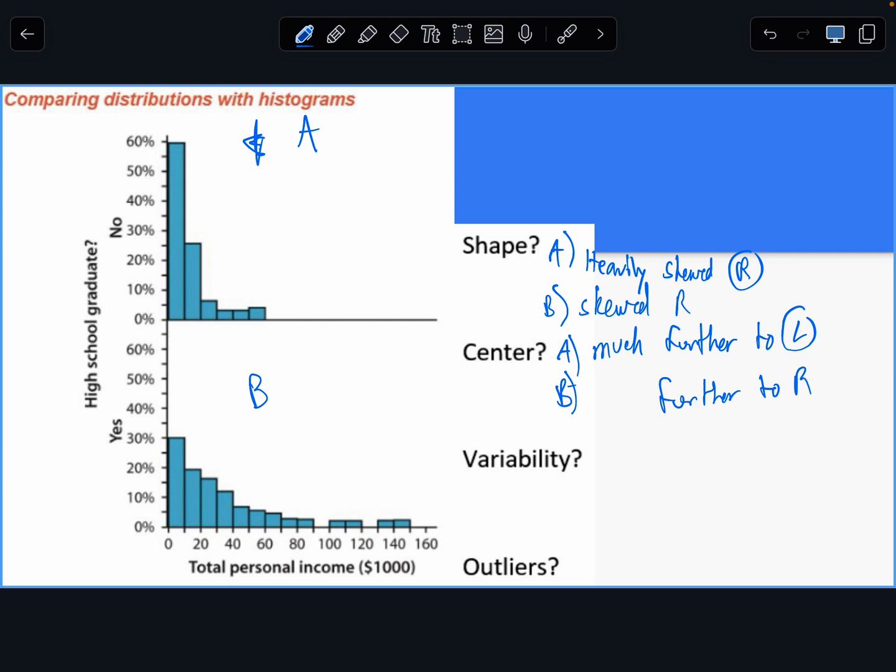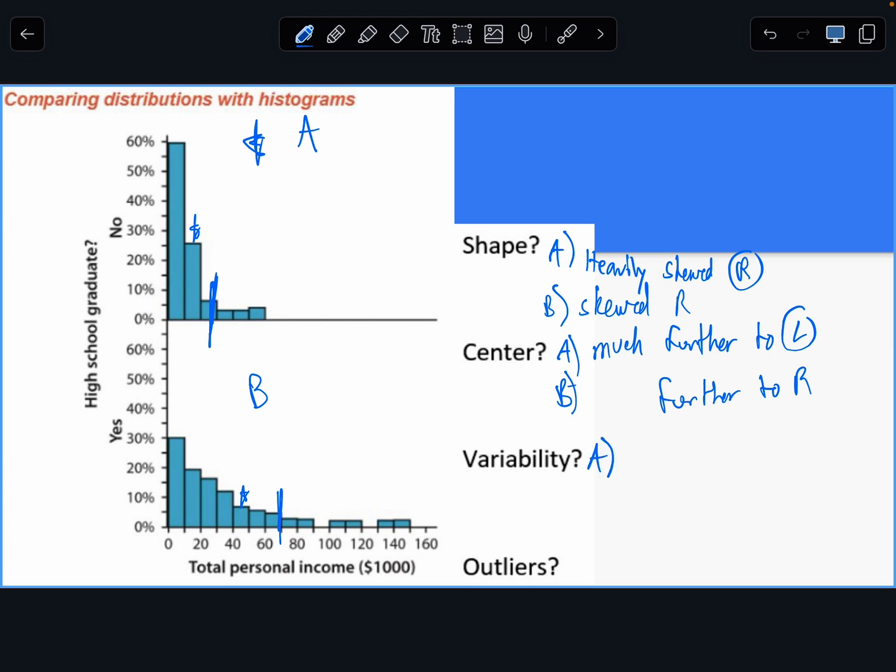If I were to guess, the literal center of A is about right here, but because of the amount of data that's over to the left, I would say the center would be about right here, whereas the literal center of B is about here, but again with the skewedness, I would say the center would be maybe about right there. Again, we will learn later on how to mathematically find the center.